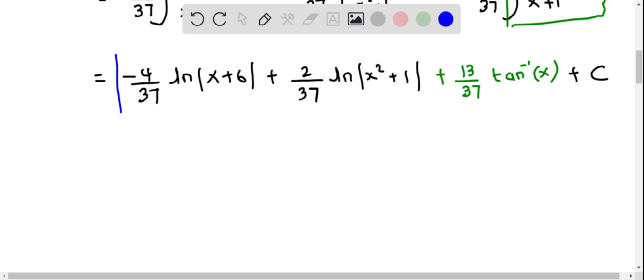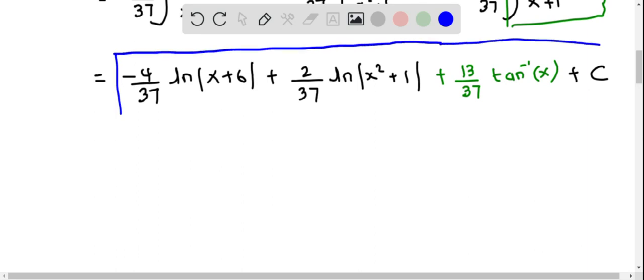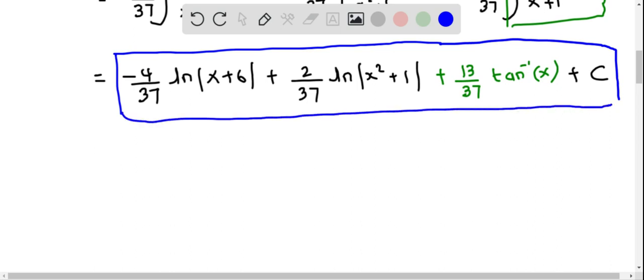And so we see that this complete expression on the right is the result of the given integral. And sometimes this tan inverse of x is also written as arc tangent of x.